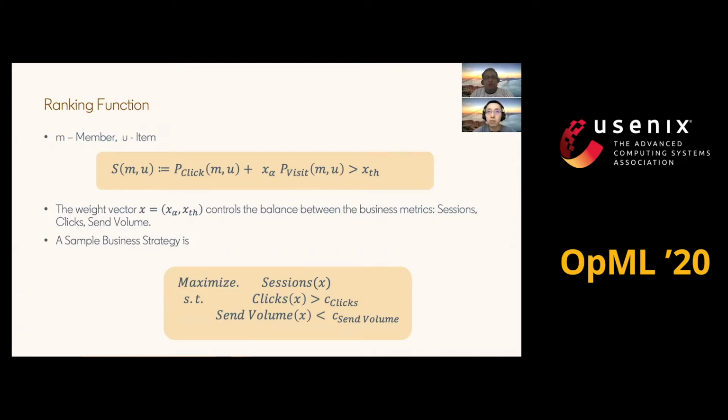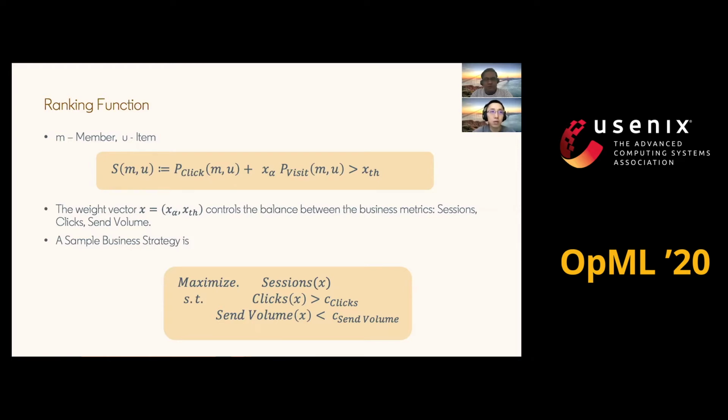We also have a threshold x_th. If the score is below the threshold, we'll drop the notification, else the notification gets sent. As you can see, we need to find the appropriate values of x threshold and x alpha to operate the system.